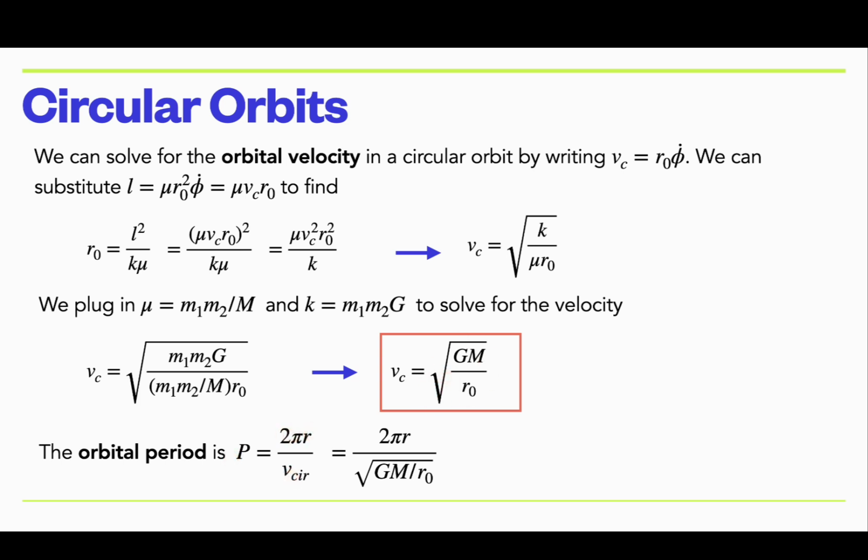Plug in for the circular velocity down the bottom, simplify, square both sides, and you can derive this result, that the period squared is related to the radial distance cubed. And a very similar equation is true for elliptical orbits, and this is called Kepler's third law.